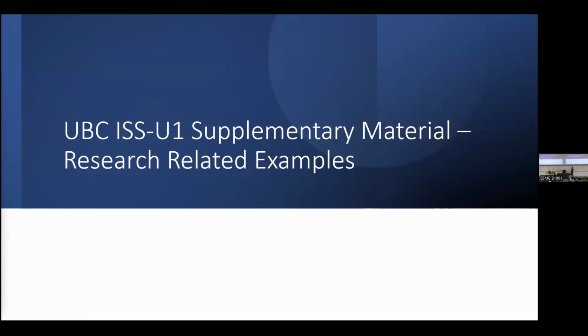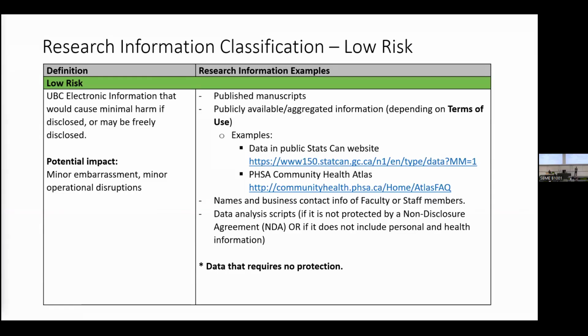Perfect, okay. So this comes from the ARC website. It's just to show you some examples of what the data classification could look like here. We're going to start with low risk. Low risk is usually publicly available information.